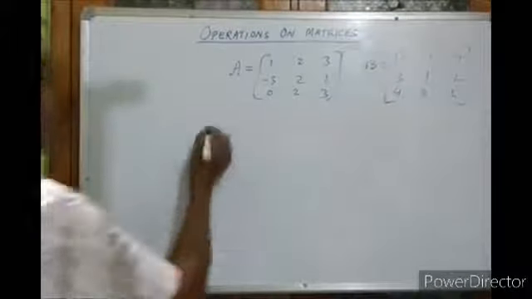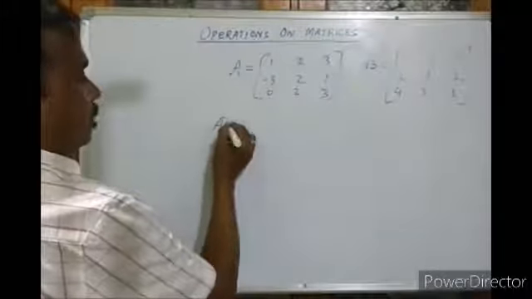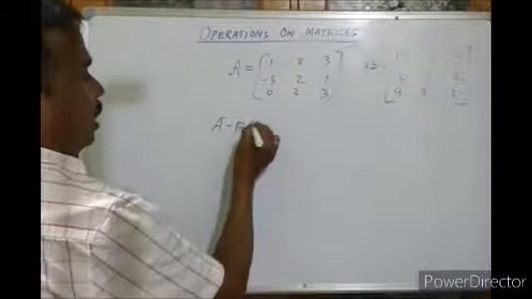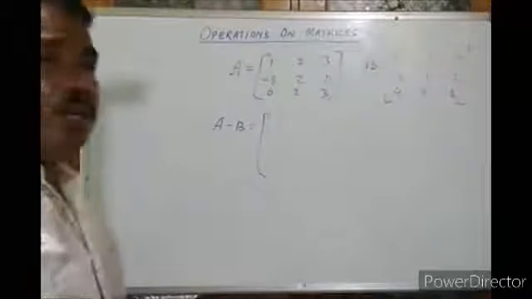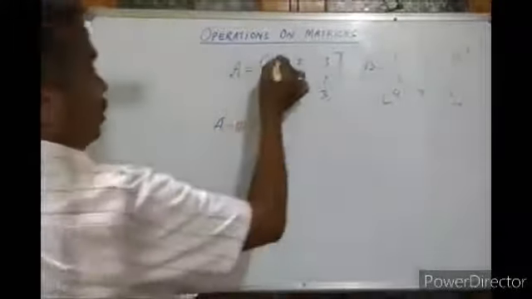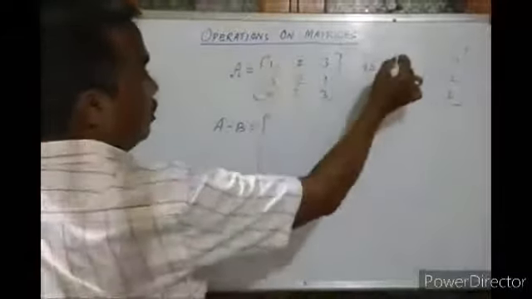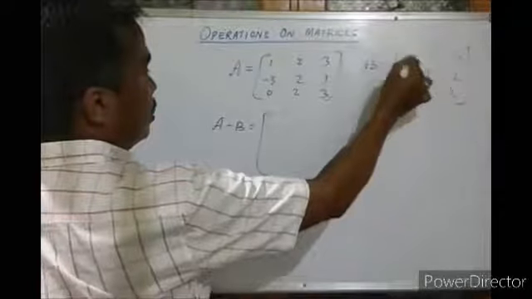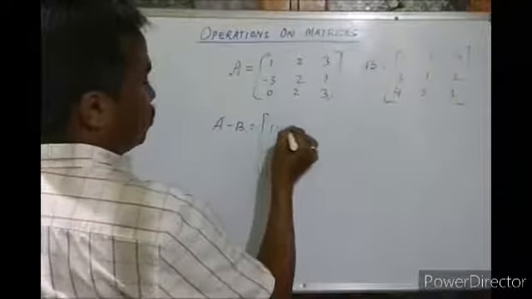Now, if we want to find the difference of these two matrices, we simply have to find A minus B, which is equal to the difference between the corresponding elements. That is, the first row first column element of A is subtracted from the first row first column element of B. That means 1 minus 1.